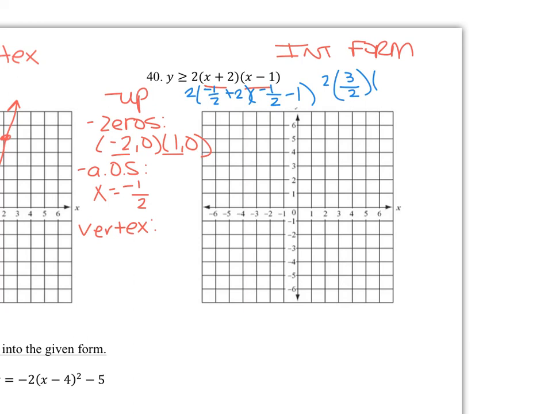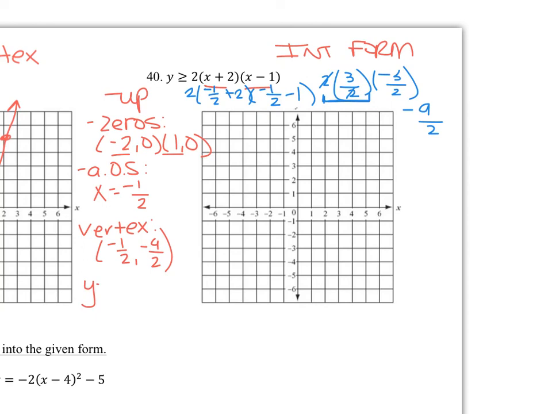And -1 minus 1 is -1.5, which is -3/2. So if I multiply these together first, my 2's cancel out. So now I'm just left with -9 over 2. So my vertex is -1/2, -9 over 2.